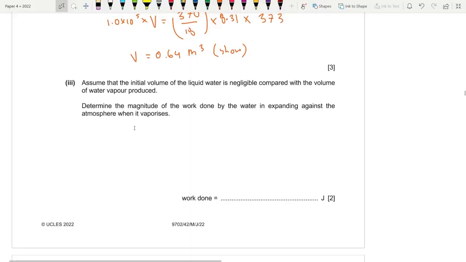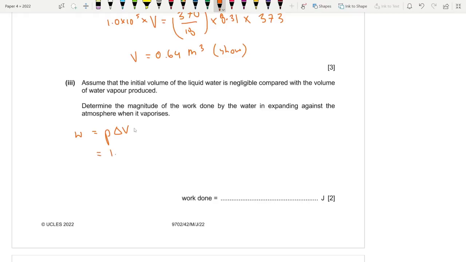Assume that the initial volume of the liquid water is negligible compared with the volume of water vapor produced. Determine the magnitude of the work done by the water in expanding against the atmosphere where it vaporizes. So we know that the work done for a gas, we use the formula work done equals P del V, right?